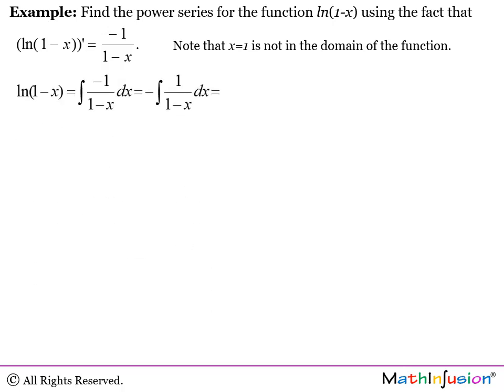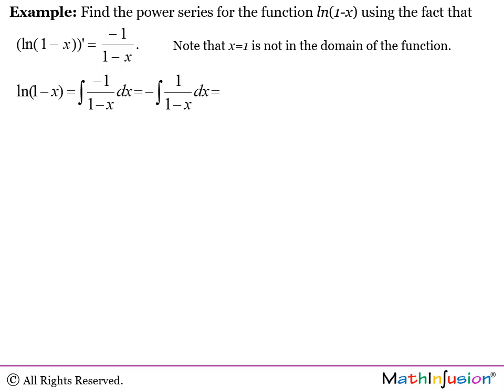Because the derivative of ln of 1 minus x is negative 1 over 1 minus x, in order to find ln of 1 minus x, I have to find the antiderivative of negative 1 over 1 minus x. It's better just to distribute the negative sign and to have the antiderivative of 1 over 1 minus x.